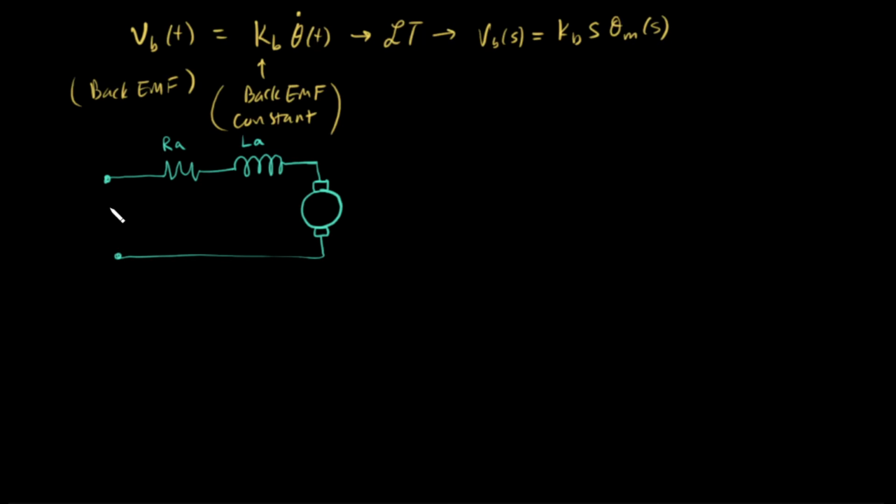Okay, and this voltage here is the voltage in the armature. It's the potential of the armature. This causes a current to flow through the armature, which we'll call IA. And we have this output of the motor, which applies some torque and some change in position.